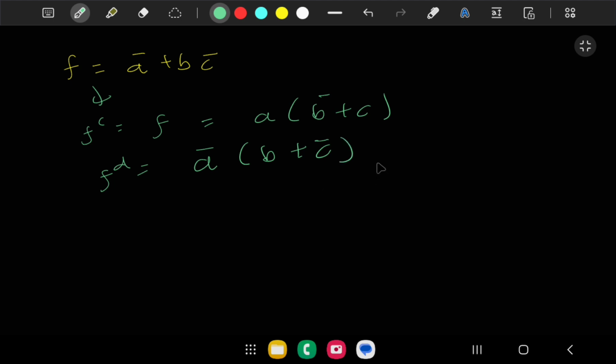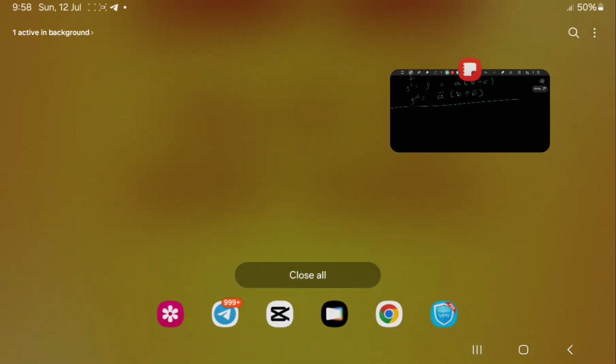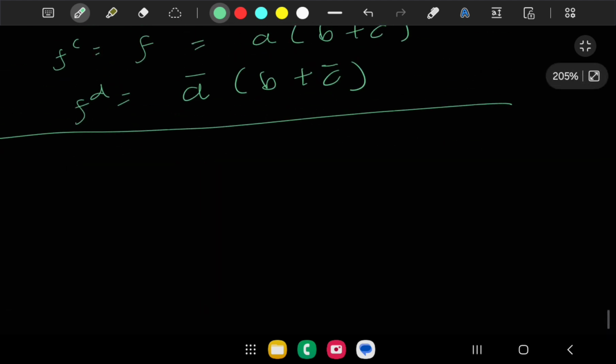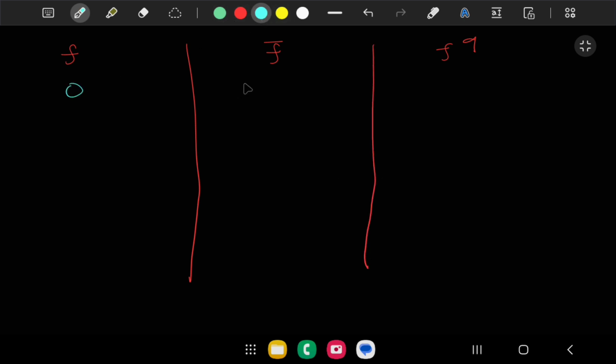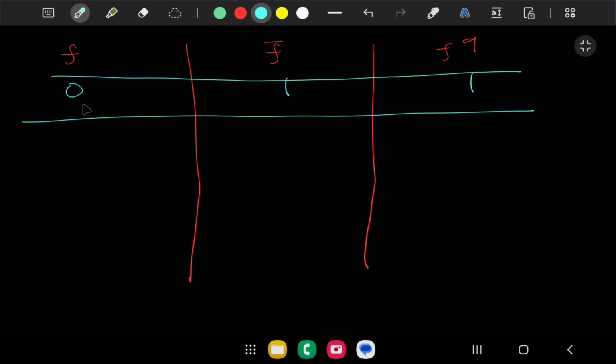Is this clear? Now tell me few things. On one side I'm writing function, I'm writing complement, I'm writing dual. Right? This is 0, this is 1, 1. This is how it works. This is a function. This is 0, this is 1, 1. If this is 1, this will be 0 and 0. Right? This is how it works.